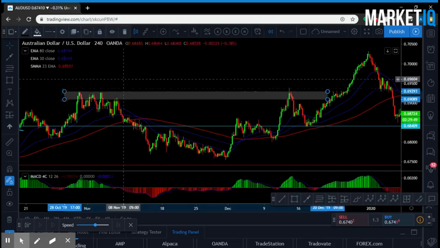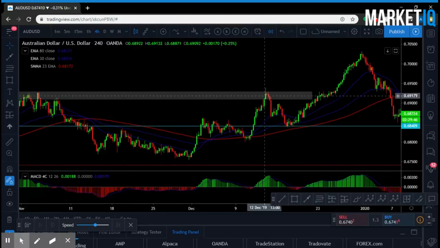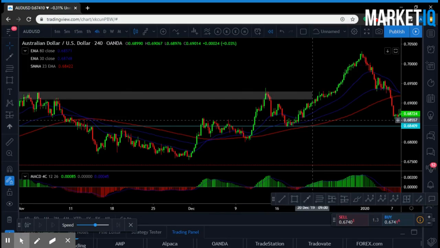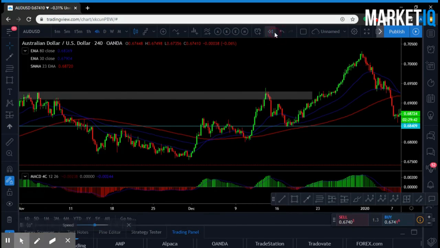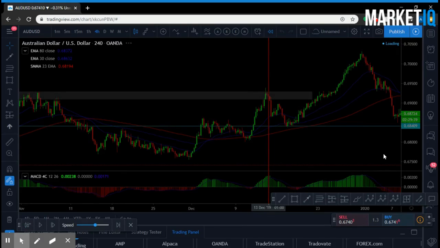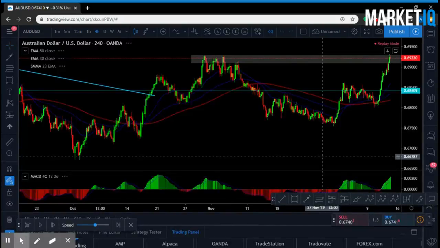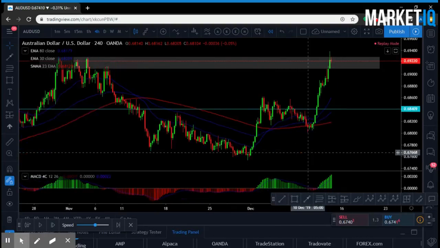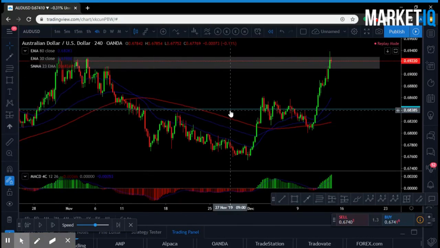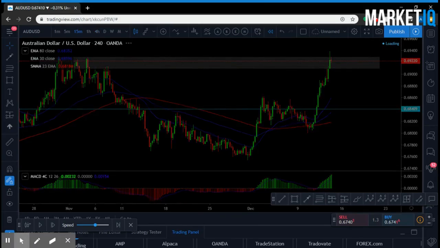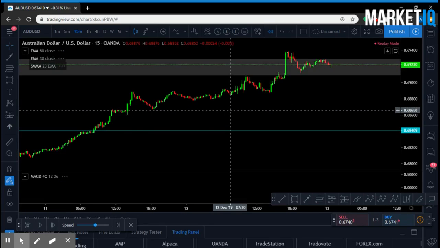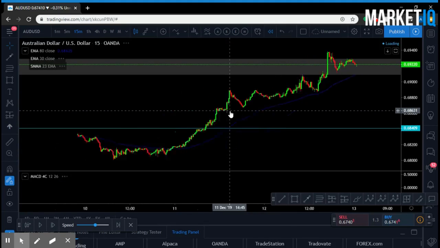And we've got our zone marked up right here. And we're approaching this zone. So let's take things back a little bit here. So we've come to this zone. Let me hop down a couple time frames here.